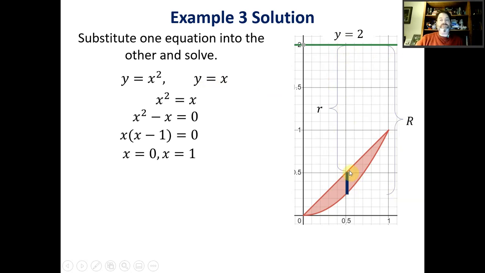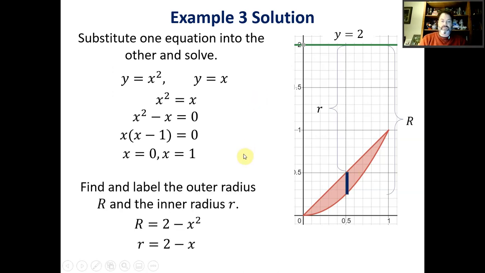So there's a lot of geometry here. You really have to think about how we compute distances, how we compute radiuses of circles, and areas of disks. There's a lot of geometric considerations here. So the outer radius is 2 minus x squared, which is going to be bigger than 2 minus x.